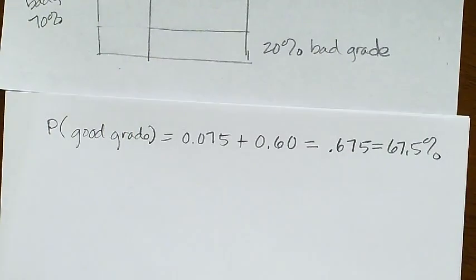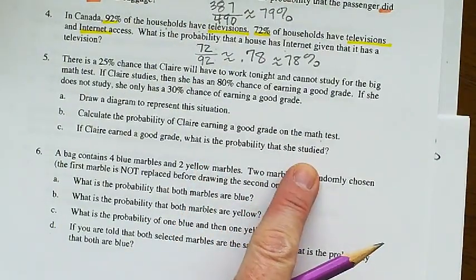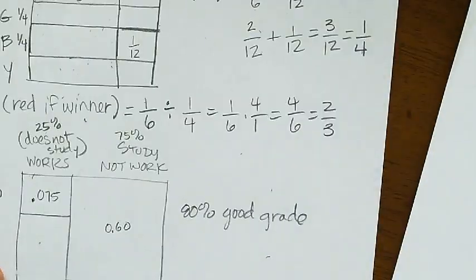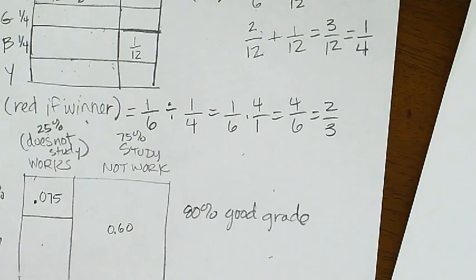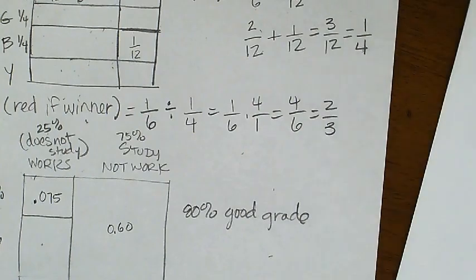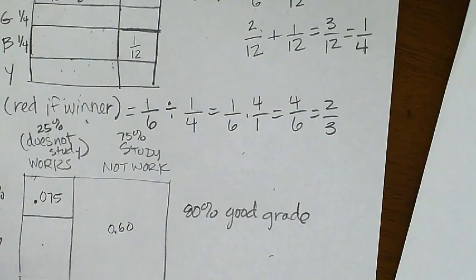Okay, if she earned a good grade, what's the probability that she studied? So I'm only going to look at that condition. If she gets a good grade, what's the probability that she studied? Well, the probability of her getting a good grade, we just figured out. Sorry, I've got to read this again.